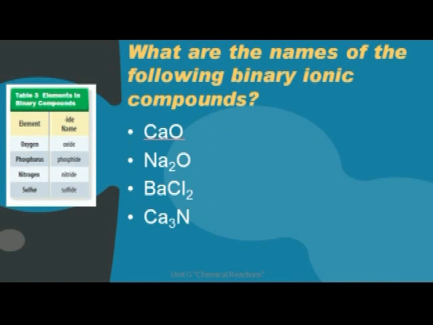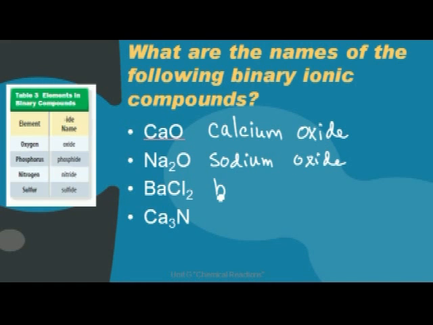So let's look at some other examples. CaO: Ca stands for calcium, its first element, the positive one. The second element is oxygen. Drop the YGEN and add IDE, so it's calcium oxide. Na2O: Na stands for sodium, and O stands for oxide, so that's sodium oxide.